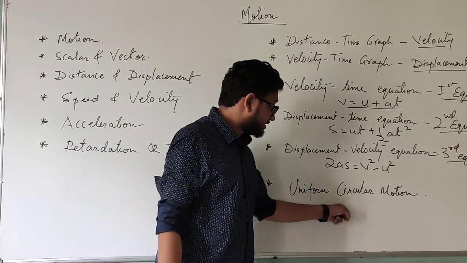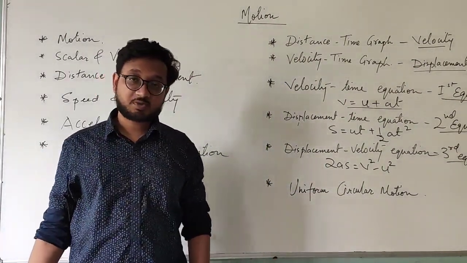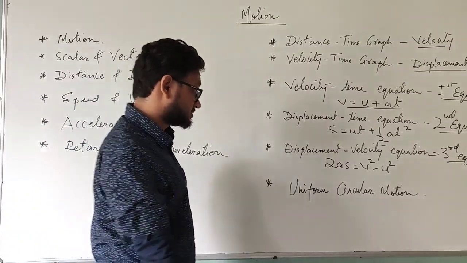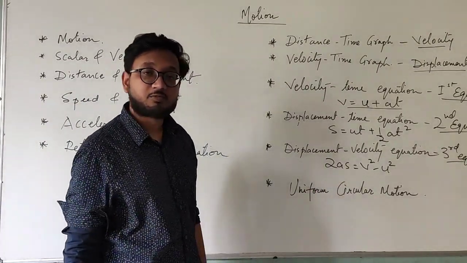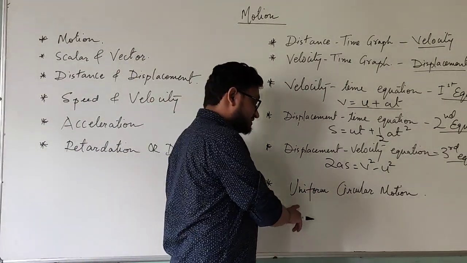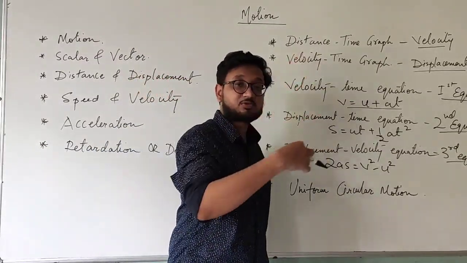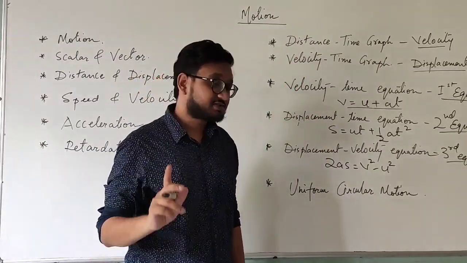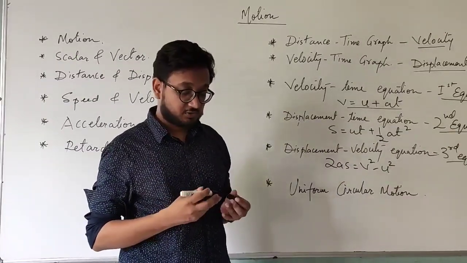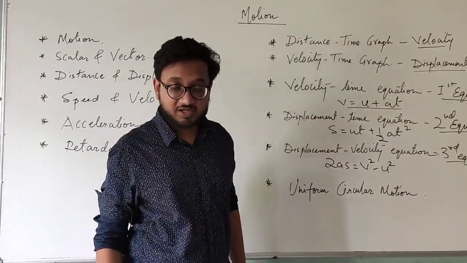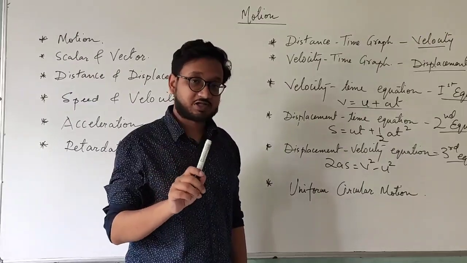Okay? And the last topic of the chapter that we studied yesterday was uniform circular motion. So this is regarding an object in circular motion. Obviously, if the object is in circular motion, it does not have a particular direction. So the object is moving with speed and not velocity.